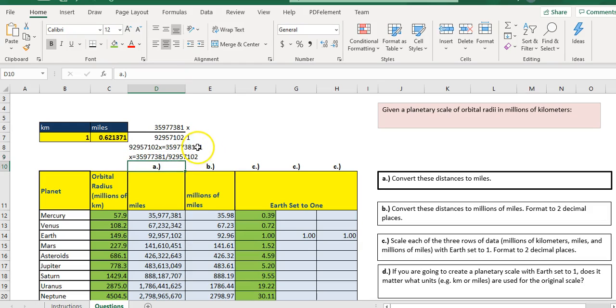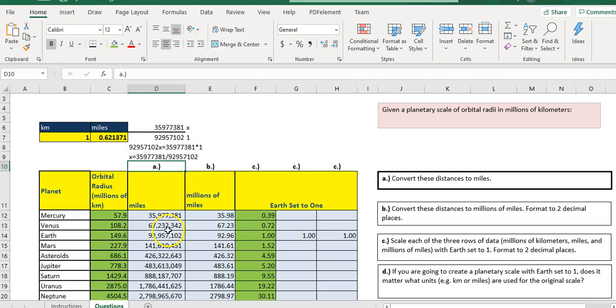So because I multiplied by 1, I can leave that out again. So I'm just taking the 35 million, which is located in D12, and dividing it by D14. And again, the D14 never changes, so I have to use my cell referencing and absolute referencing.